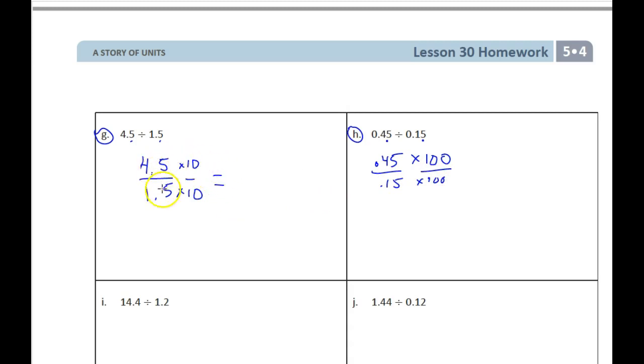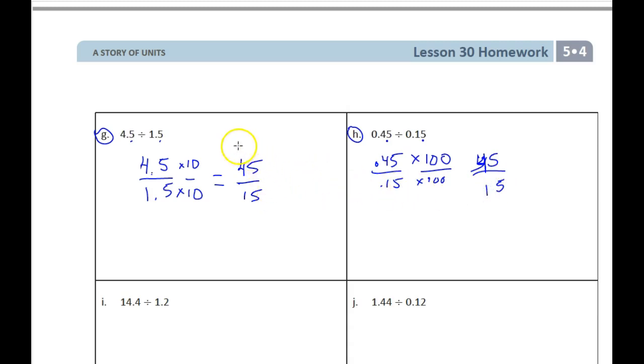So now it's going to grow by 1 place value and become 45 over 15. This one is going to grow by 2 place values. So that 5 is going to be in the ones place. The 4 will be in the tens place. 45. And then the 5 in this one is going to go in the ones place, which is going to make the 1 in the tens place.